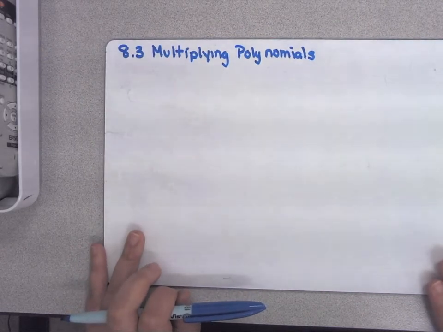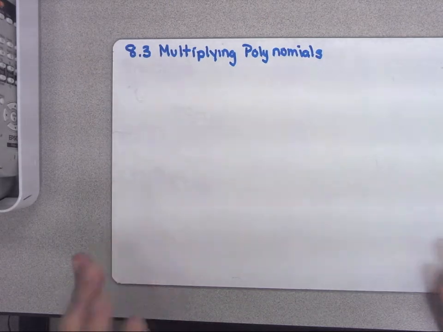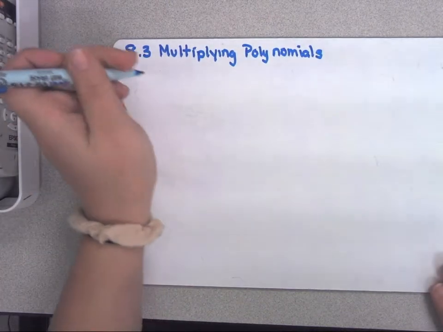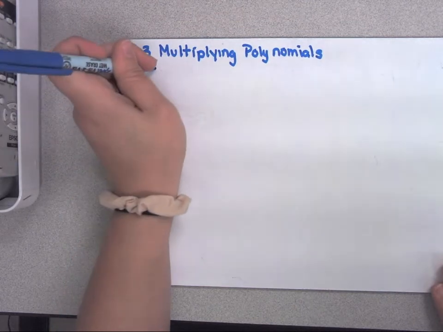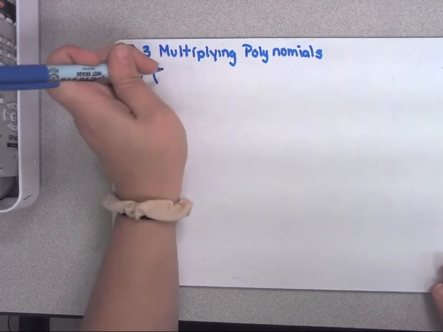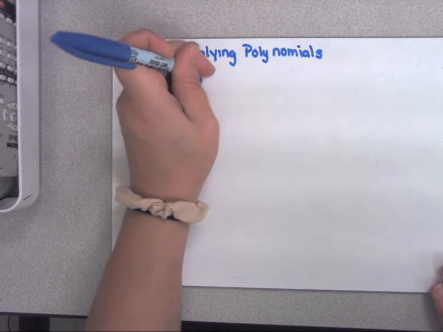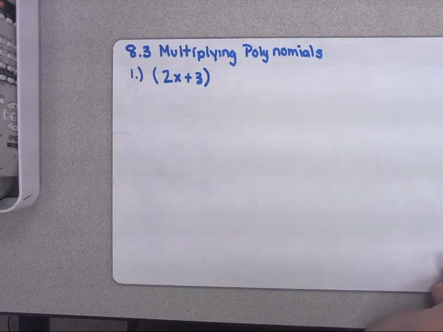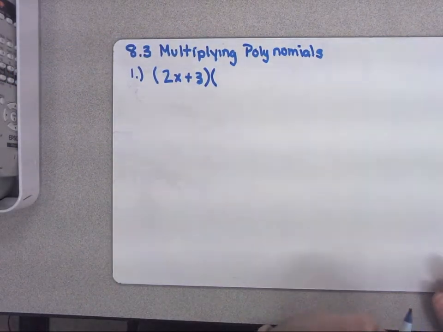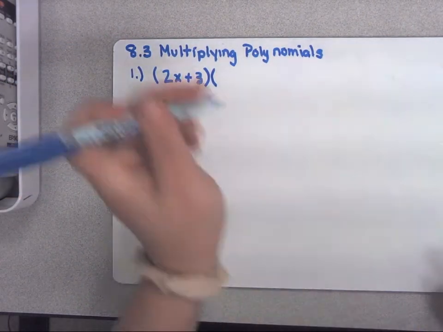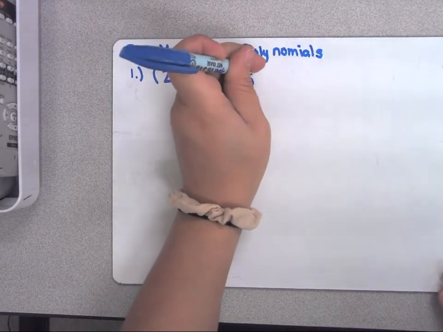Okay, so now this one has a special method. I'm going to give you a first example, see if you remember the method, and then we'll write out what the method is. It's when we have 2 sets of parentheses, like this. 2x plus 3, close your parentheses, and the parentheses are right next to each other, x plus 5, close my parentheses.